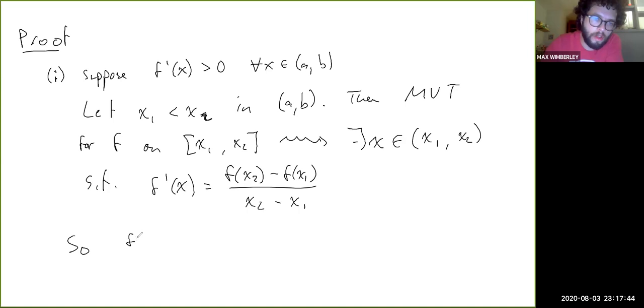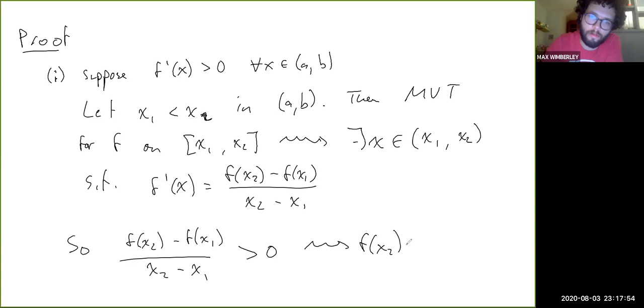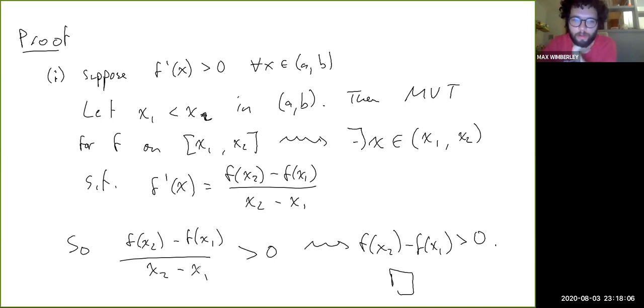So f of x2 minus f of x1 over x2 minus x1 is greater than 0, which means that f of x2 minus f of x1 is greater than 0, right? So that shows that f is strictly increasing, right? And this is because x2 minus x1 is positive, so f of x2 minus f of x1 also has to be positive.